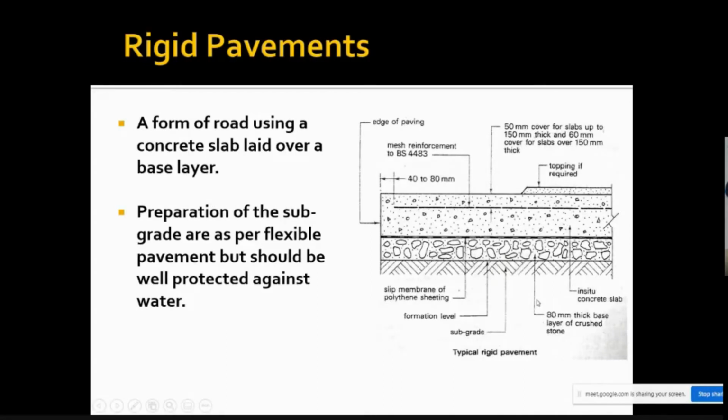Then on it is crushed stone. Crushed stone is also the same as the subgrade. Same as flexible earlier, except that in flexible we have a thicker aggregate layer. But here it is a bit shallow because there is concrete on top.